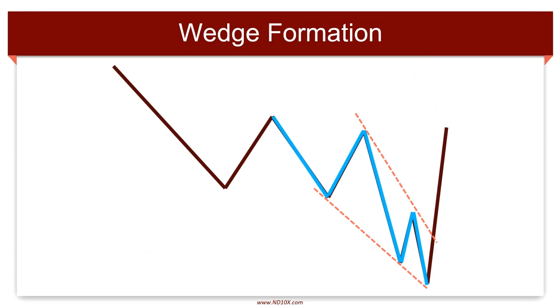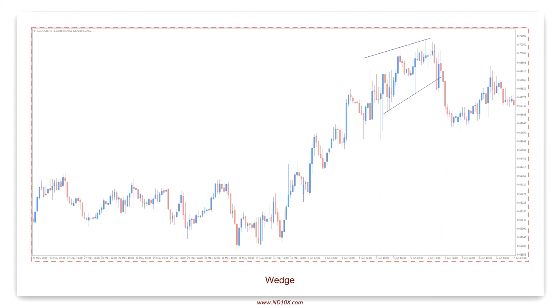Here's how a wedge looks in a bearish market. As we can see on the Aussie dollar 1 hour chart, price was moving higher from the 30th of May all the way till the 4th of June. And at the ending stages of the trend, we can see a lot of choppy movements. We just drew those 2 lines to represent the wedge formation.